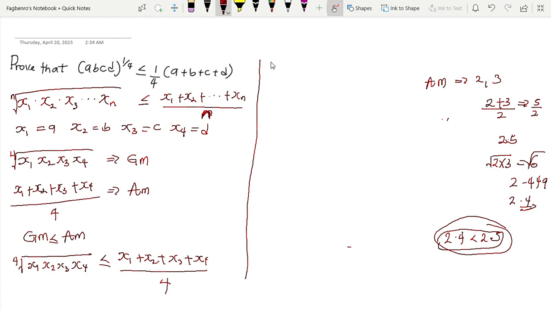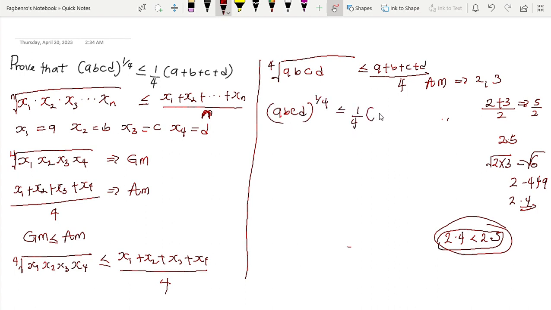So that will be the fourth root of a, b, c, d, less than or equal to a plus b plus c plus d over 4, which can be written as a, b, c, d raised to power 1 over 4, less than or equal to 1 over 4 in the bracket of a plus b plus c plus d. So that is the idea about the proof.